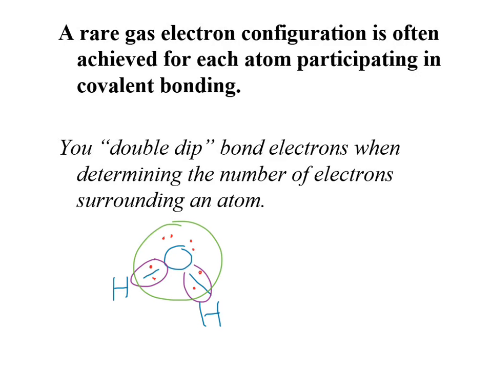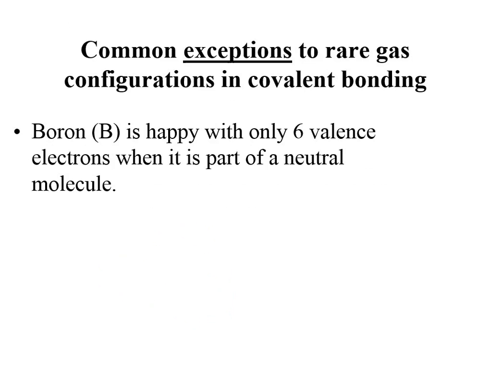In green, I can draw a circle around the electrons that the oxygen has custody over, or at least joint custody over. And if you count those electrons, you come up with 8. 2, 4, 6, 8. We could do another little Venn diagram around each one of the hydrogens. And each one of the hydrogens has 2 electrons, and that is like the rare gas helium. So that's what we mean by they get to be double dipped.